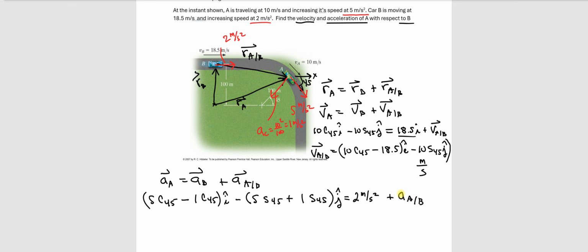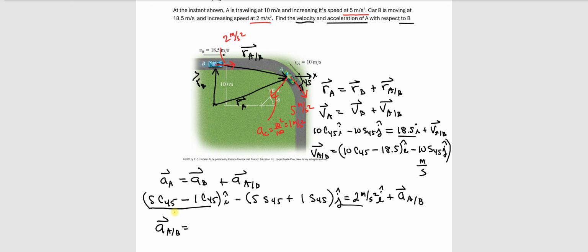It goes there. Now it's just an algebra problem, though it's still vector algebra, so you only add like terms. The acceleration of A with respect to B is going to be this minus this.